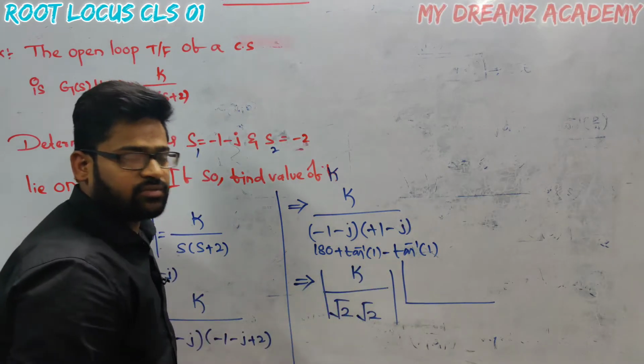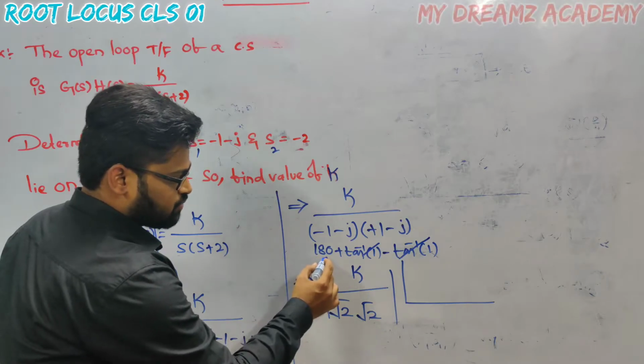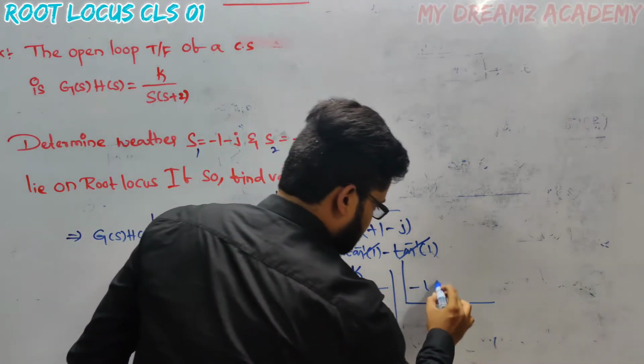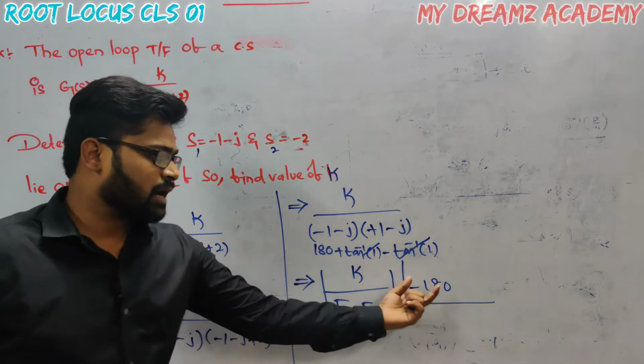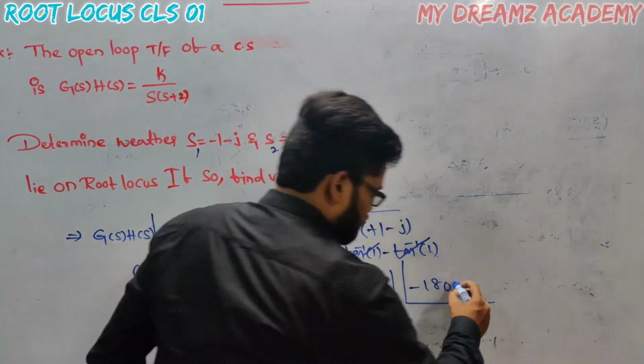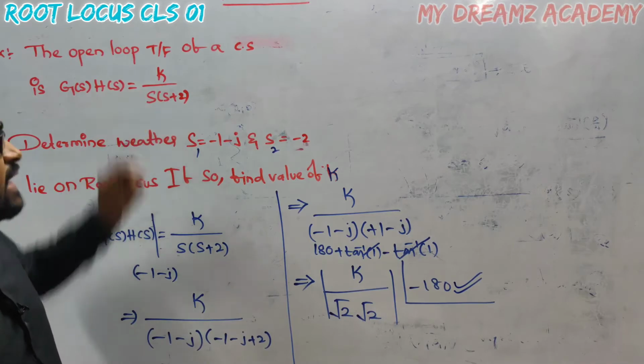Plus tan inverse of 1 and minus tan inverse of 1 will get cancelled. So plus 180, and if it comes to the numerator, minus 180. Minus 180 is an odd multiple of 180. So this point is located on the root locus for the given transfer function.